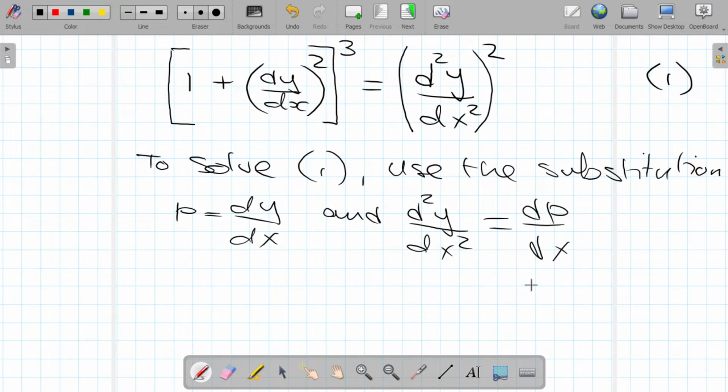So now we substitute p equals dy by dx into the left-hand side of equation 1, and we substitute dp by dx in for d squared y by dx squared on the right-hand side of equation 1.